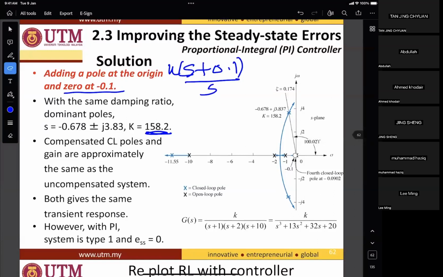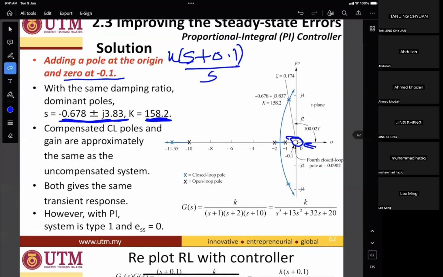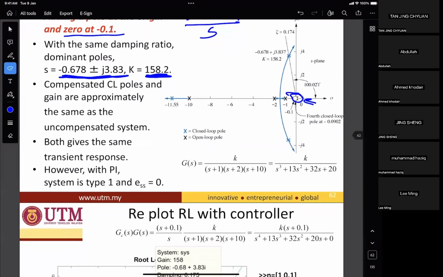You can see a little reduction, but the dominant pole is about the same, because the zero and the pole at the origin are very near together. They overlap or almost overlap and cancel each other. So the compensated closed loop poles and gain are approximately the same as the uncompensated system. Both give the same transient response.